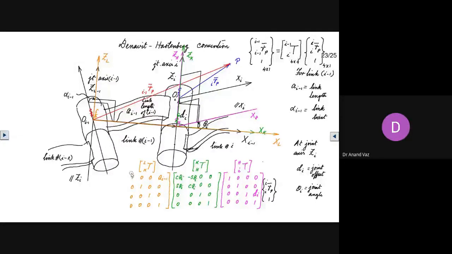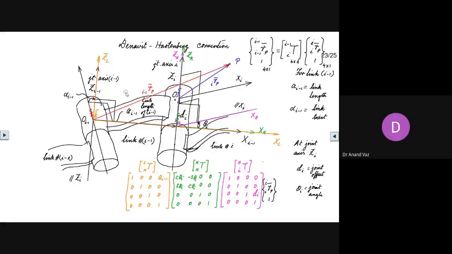So with this transformation, the vector P will be observed and expressed in the frame L. And finally, we know the transformation between the frame L and the frame i minus 1. You can see that when seen from frame i minus 1, the frame L appears as if it is rotated about the x-axis of i minus 1 by an angle of alpha i minus 1.